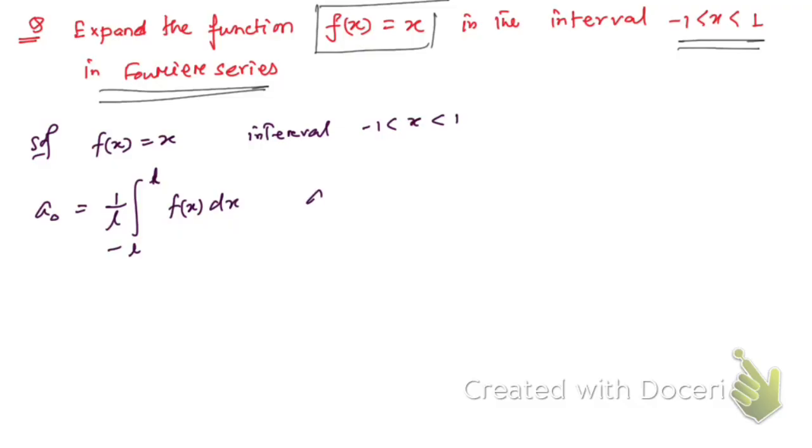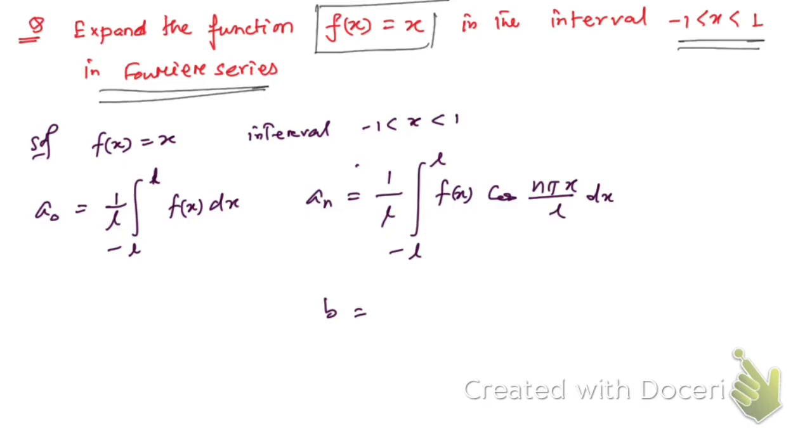Then we have to find an, which is equal to 1 by L integration from minus L to plus L of f of x cos n pi x by L dx, and bn is equal to 1 by L integration from minus L to plus L of f of x sin n pi x by L dx. That's what we need to do.